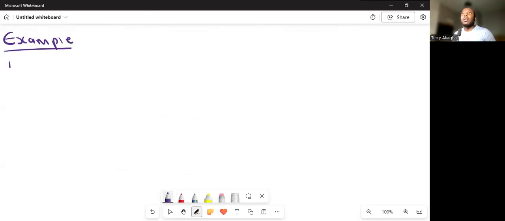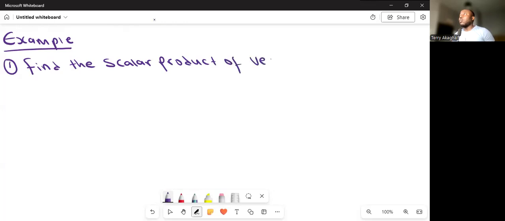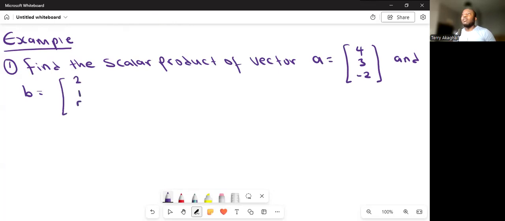Number one, we're told to find the scalar product of vectors A equal to 4, 3, minus 2, and B equal to 2, 1, 5.